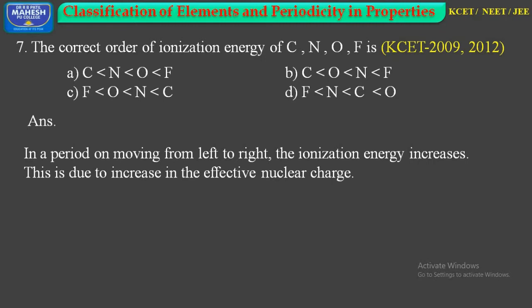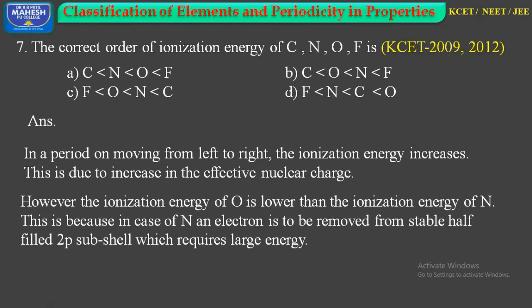However, the ionization energy of oxygen is lower than the ionization energy of nitrogen, and the reason behind this, students, is that in the case of nitrogen, an electron is to be removed from a stable half-filled 2p orbital, which requires a large amount of energy.